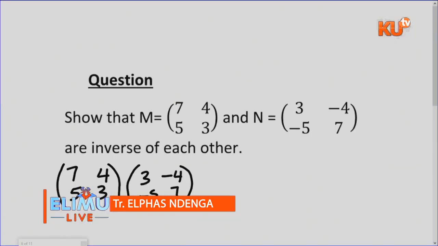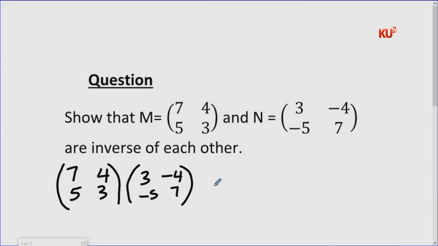So let's look at how we multiply. The procedure is we multiply the row by the column. Row by the column, that is the order of multiplication of matrices. So in this case, I'll take 7 times 3. That gives us 21. Then 4 times negative 5 gives us negative 20.